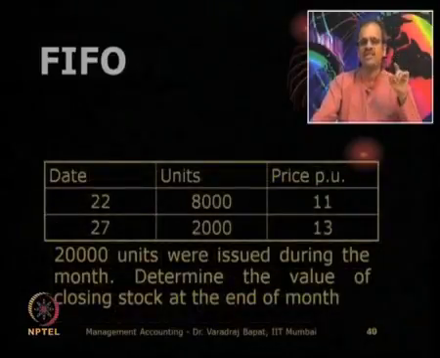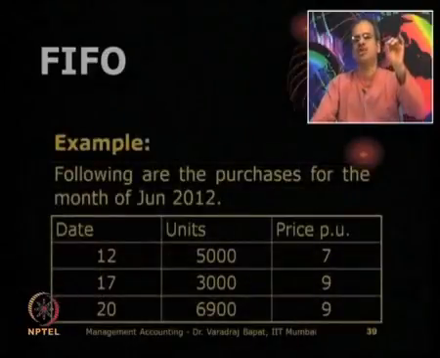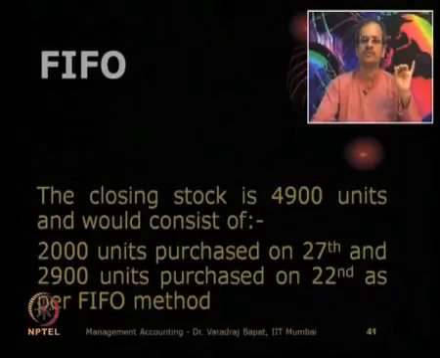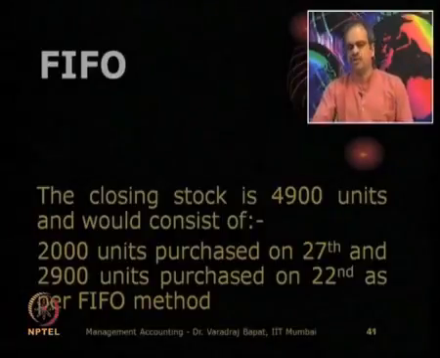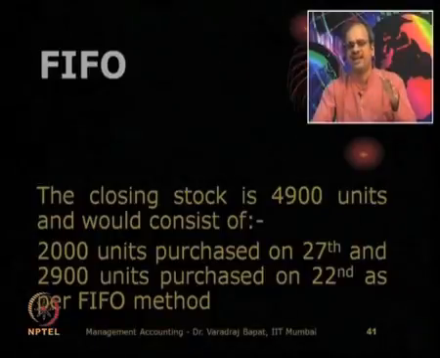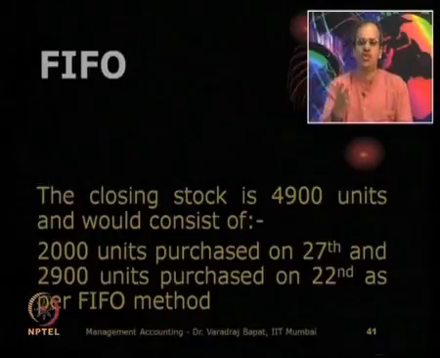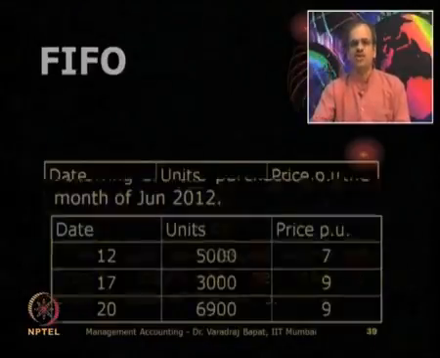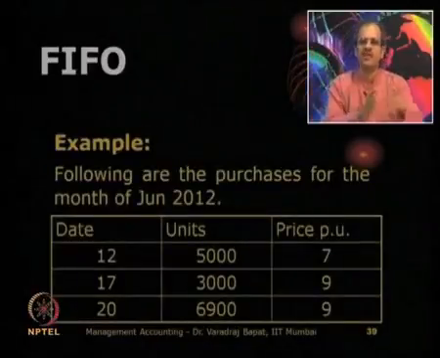The first thing you have to do is calculate how much is the total purchase in the month. You will realize that total material coming in is 24,900, of which 20,000 is issued. So you have 4,900 units of closing stock. As you know, the rule is first in is first out.